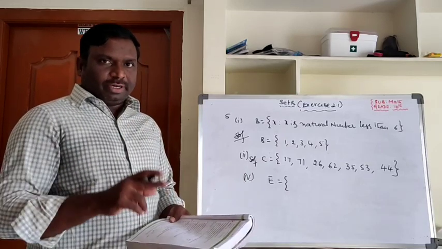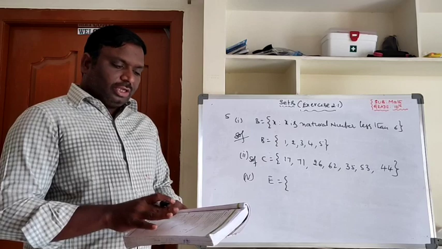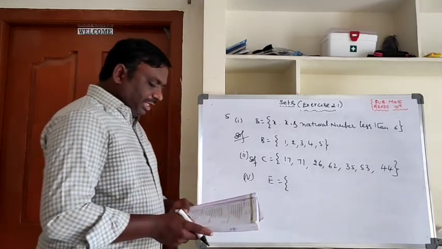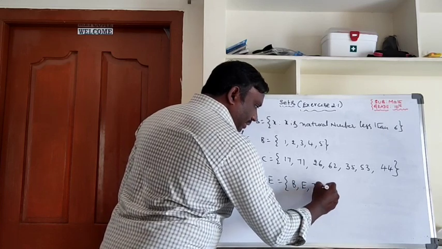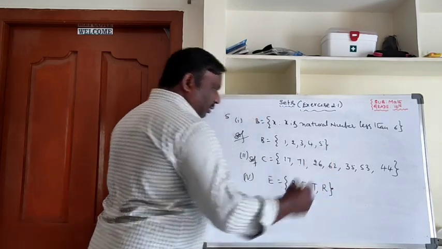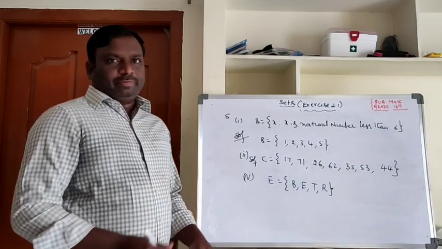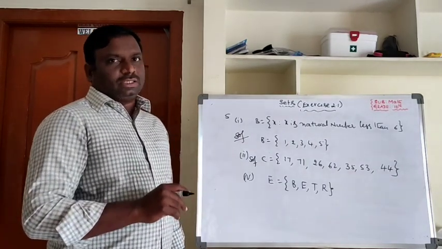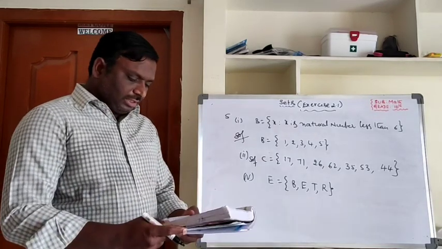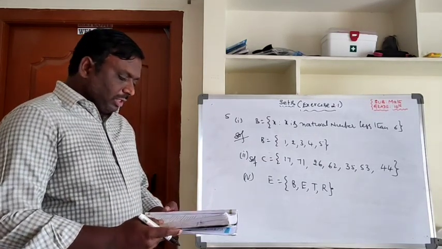See from the textbook; better to keep your textbook with you. So E is equal to {B, E, T, R}. I am not writing T and E again because there is no repetition of elements in a set. That is about roster form.